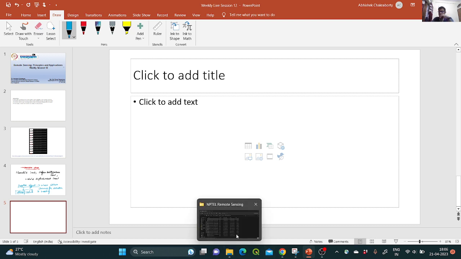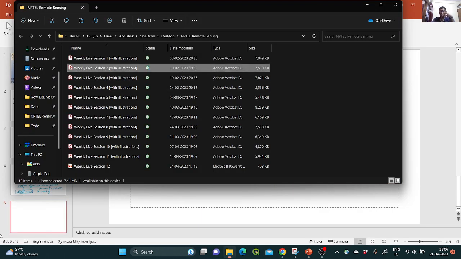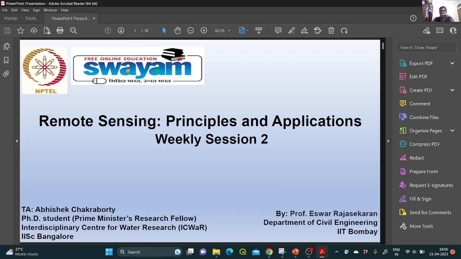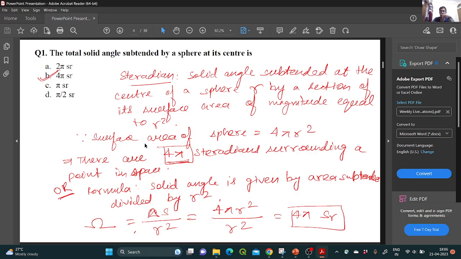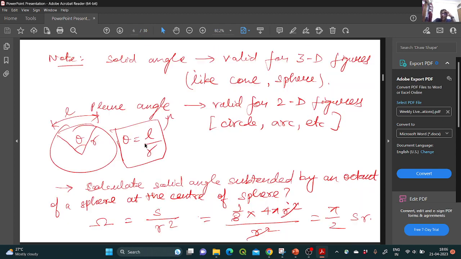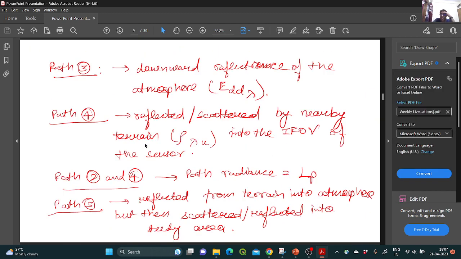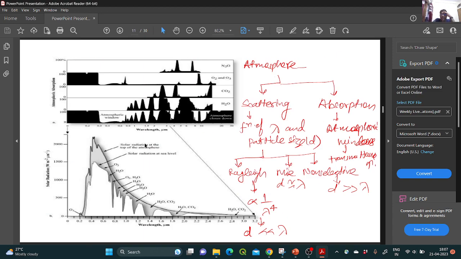So let's now move to the second weekly live session, whatever we discussed there. Here we started learning a bit about radiometry.